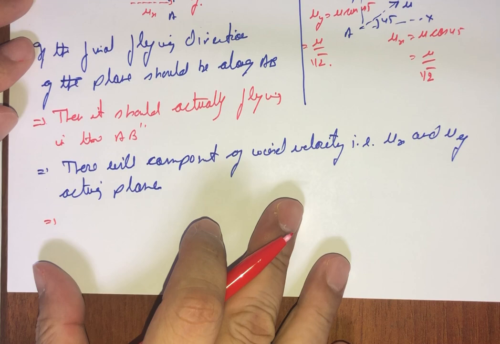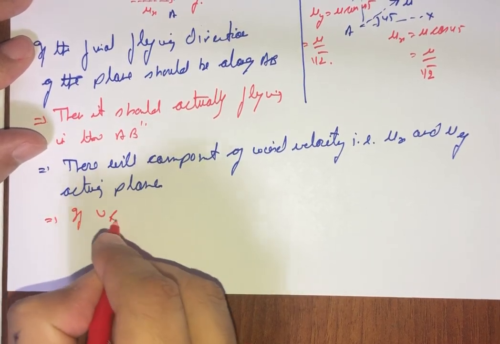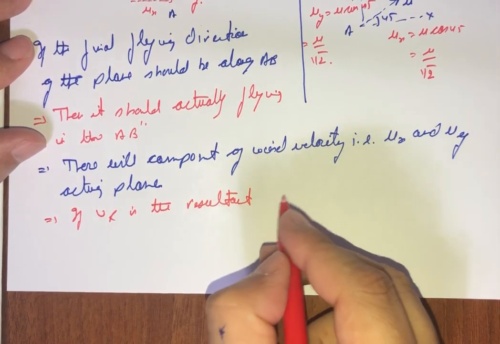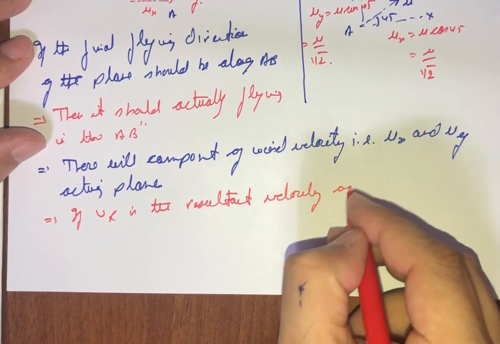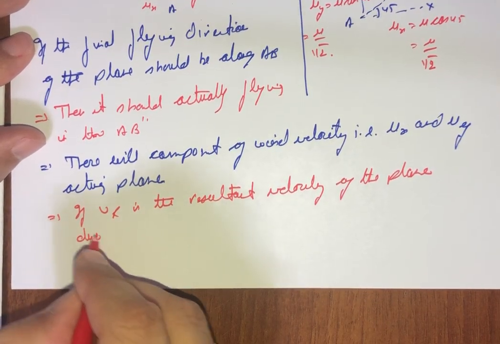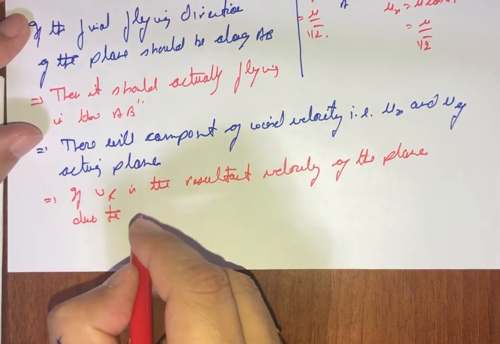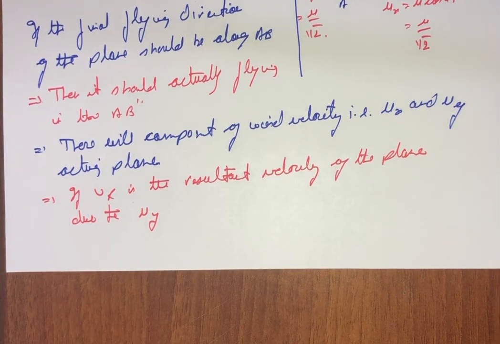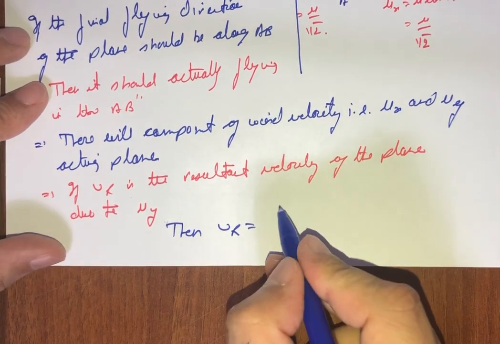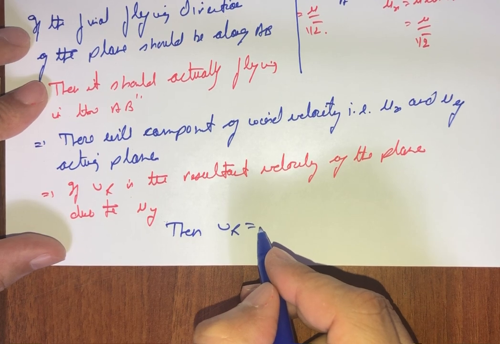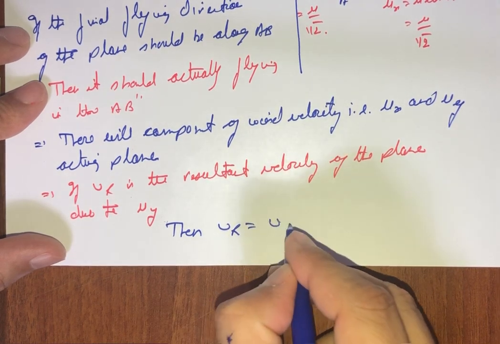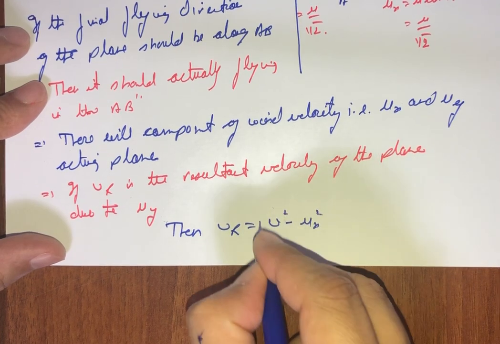Next we can write, if vr is the resultant velocity of the plane, due to uy, then vr will be equal to, we have the resultant component, okay, v minus their square and square root.